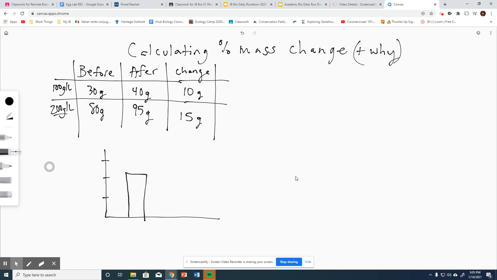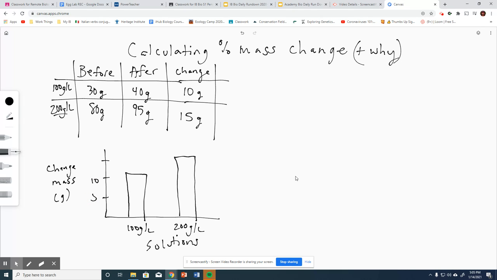So this is change in mass in grams, and down here are the different solutions: 100 grams per liter solution, 200 grams per liter solution. These are the solutions we put the eggs in, and then this one is up to 15. Let's say 5, 10, 15.